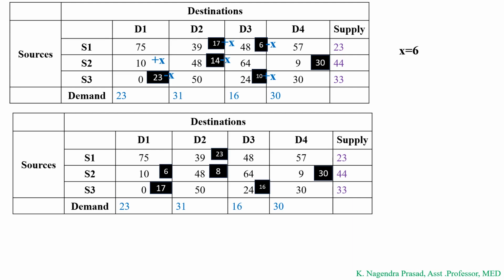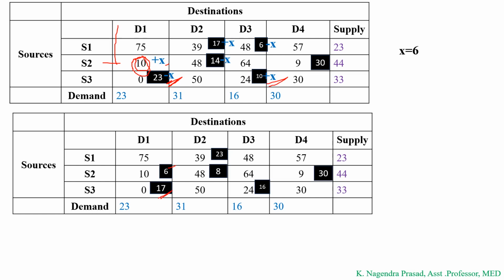So at the cell S2 row and D1 column, initially we allocated the plus x. So here the x value is 6, then its allocation value is 6. And here 23 minus 6, so it will become 17.